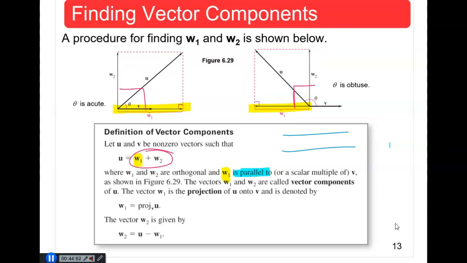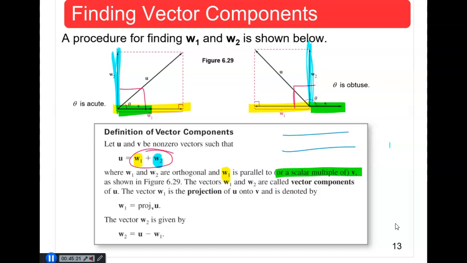Let's make this one w sub 2, and then the one that is going to be parallel, w sub 1, is going to be a scalar multiple of vector v. So you could see w sub 1, I already highlighted that, and here's vector v.